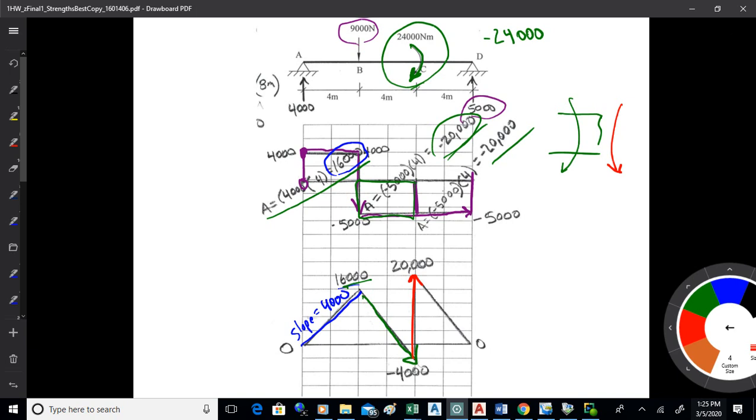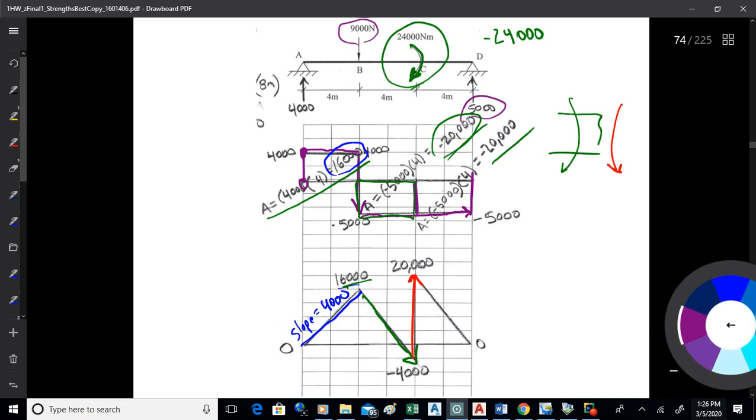So you do have to remember one thing, that a couple causes an immediate jump in the moment diagram, and two, that it's in the opposite direction of the sign on the couple. So that's a negative couple because it's clockwise, so the moment diagram jumps positive, okay? And then the last little bit there, you go back down by this area, 20,000, back down to 0.